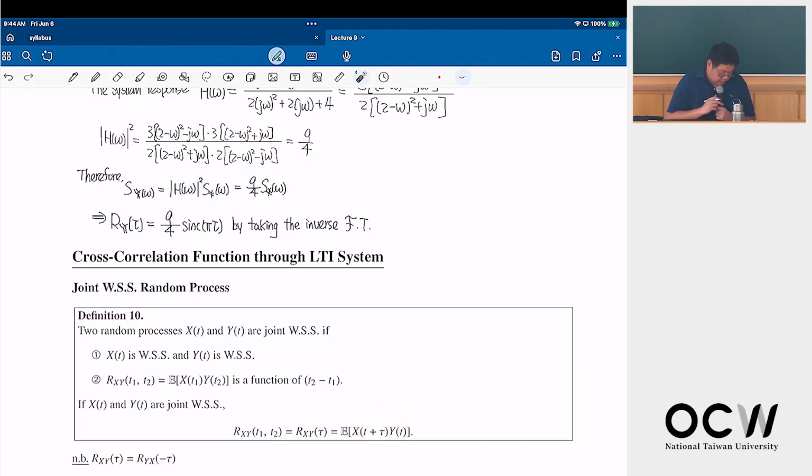So if I reverse the X and Y, here YX, I should have Y t plus tau and X t. Then I will get minus sign. Let's just prove it.